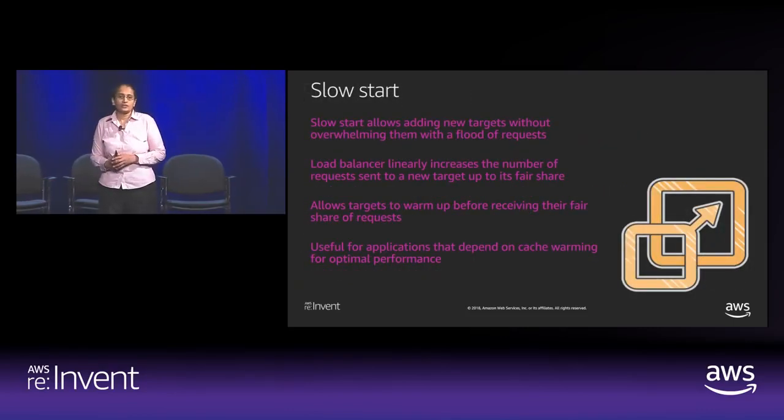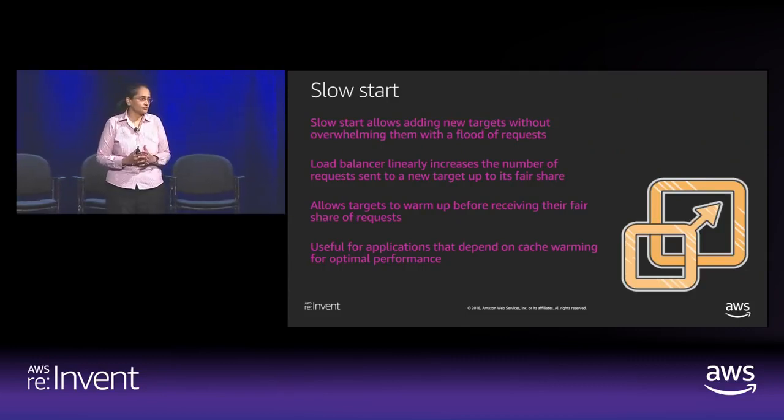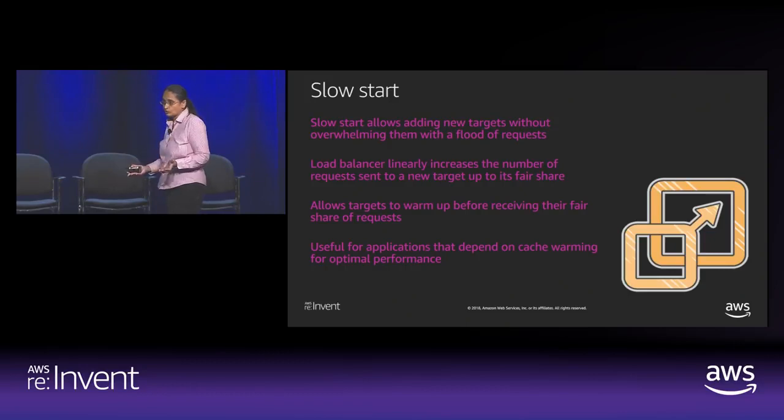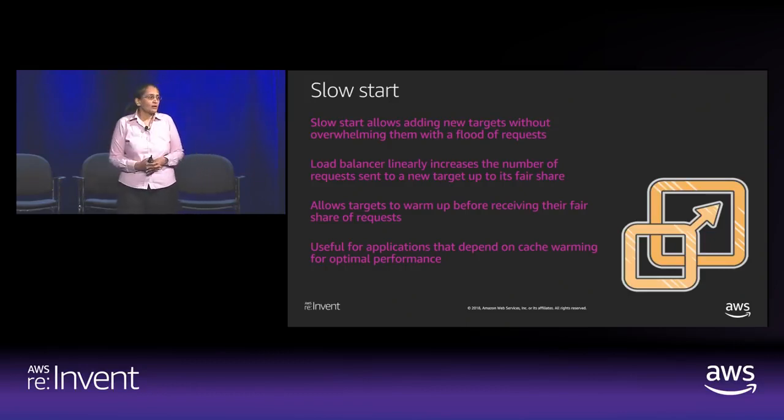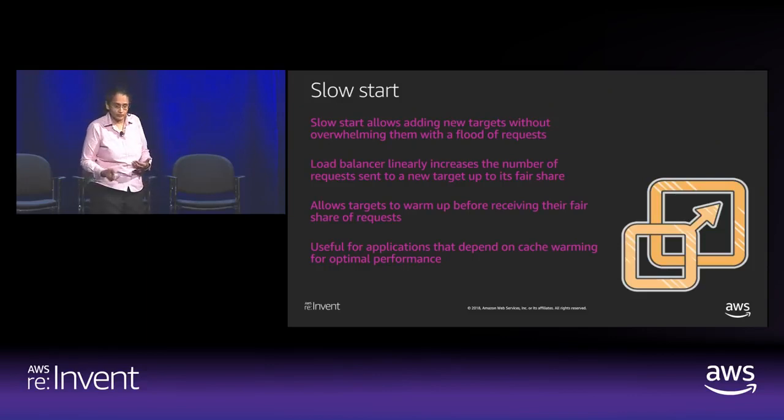So one other feature, again, a customer-asked feature, slow start. Slow start works in conjunction with a round-robin algorithm, right? So the application load balancer, the way it load balances to your backends or target groups, uses a round-robin algorithm.